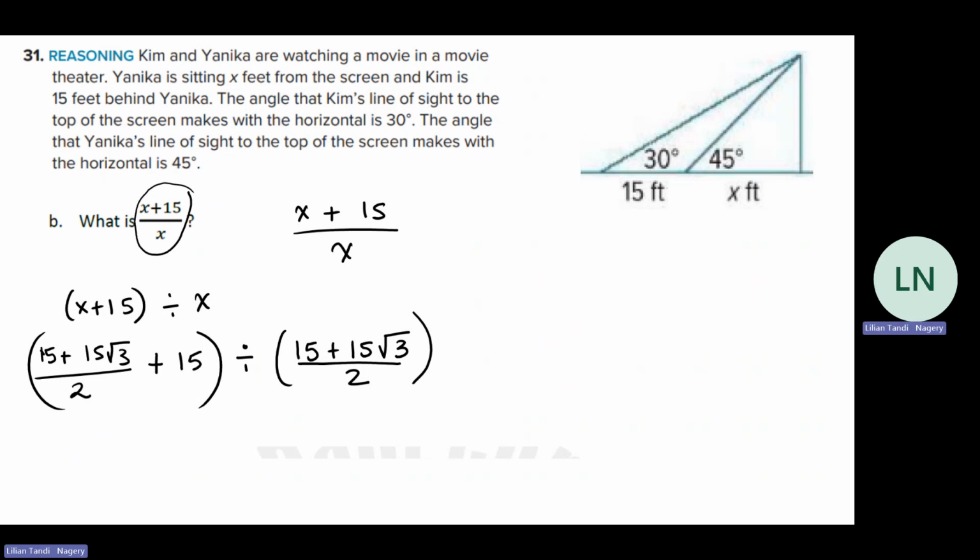And the answer should be square root of 3. Square root of 3 is the answer to this question.